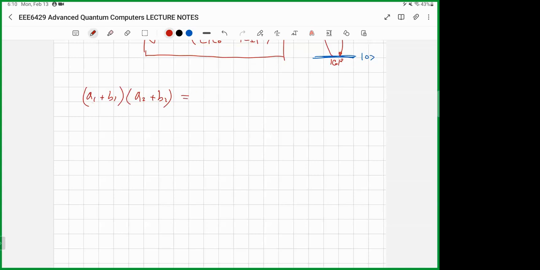You will get a1 times a2, plus b1 times b2, and then the remaining parts.